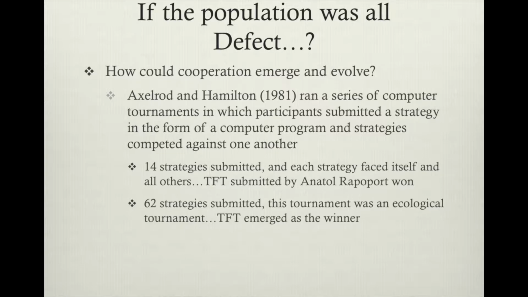This ecological tournament bases that probabilistic likelihood for future interaction on your outcome. So if you have a favorable outcome, that is mutual cooperation, you continue to interact with that individual. If you have an unfavorable outcome, let's say you cooperate but your partner defects, then you cease interacting with that individual.